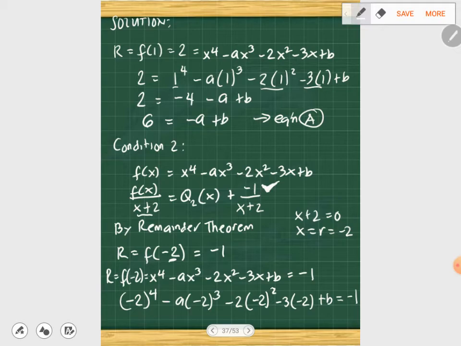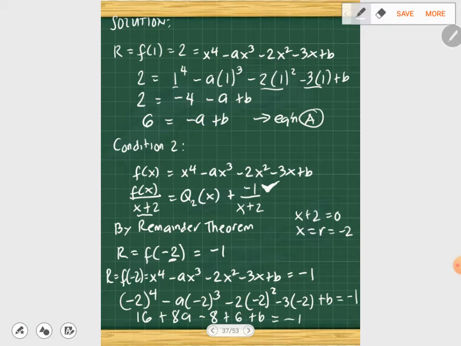So, pag i-simplify natin yan, so yung mangyayari dito is we have 2 raised to the power of 4, 16, 2 cubed, so positive, negative, negative, so positive 8a. And then, positive 4 times negative 2, negative 8. Then, positive 6. And plus b, and this must be equal to negative 1.